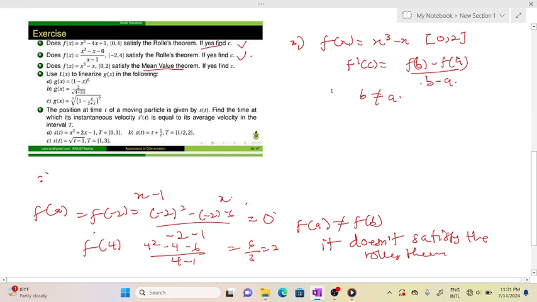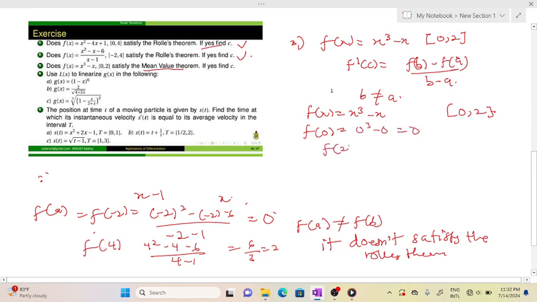So now let's see. For this problem, the function is f of x equals x cubed minus x, and the interval is 0, 2. So we straight away find our f of a and our f of b. Our f of 0 will give me 0 cubed minus 0, and that is 0.